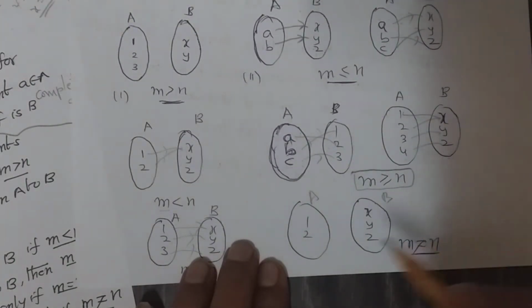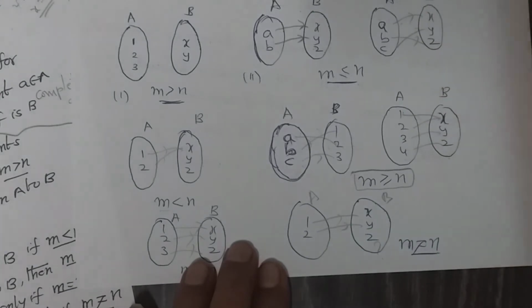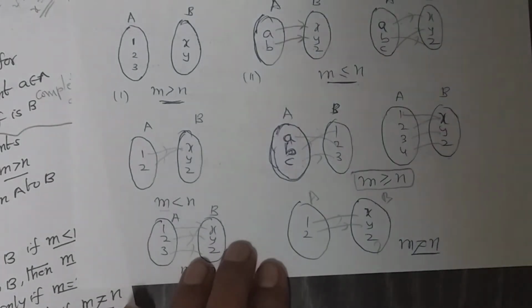You understand or not? It is not at all possible. For example, I make it like this. What about this element z? It is not onto. Anyway, it is 1 to 1, but not onto. You understand? There are so many examples like this you can frame.